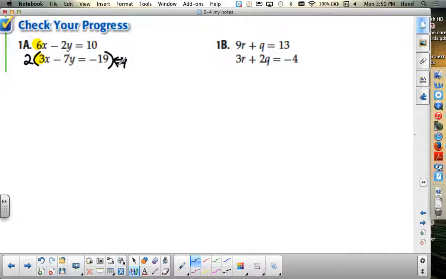So over here I'm going to rewrite what the bottom equation looks like when I multiply through by 2. I get 6x minus 14y is equal to negative 38. I'm just going to copy that top equation over the top of it. That's 6x minus 2y equals 10.